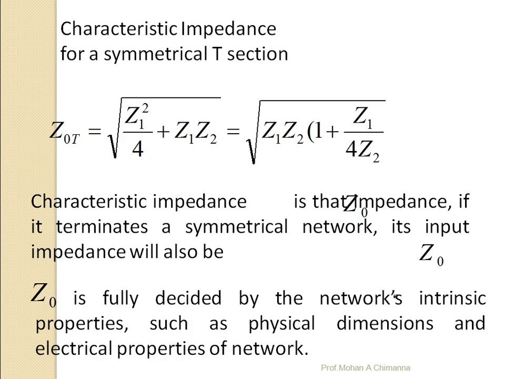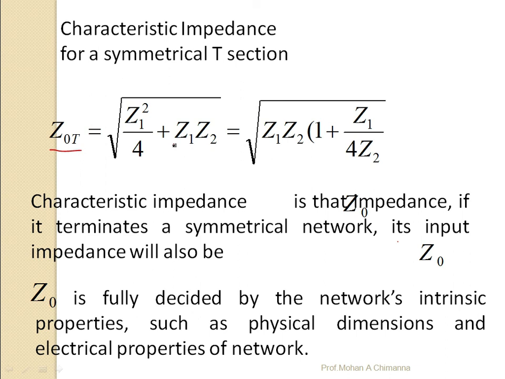Once we take the characteristic impedance for the symmetrical T section, ZOT stands for the characteristic impedance of the T section, which is equal to the square root of Z1 square upon 4 plus Z1 Z2.